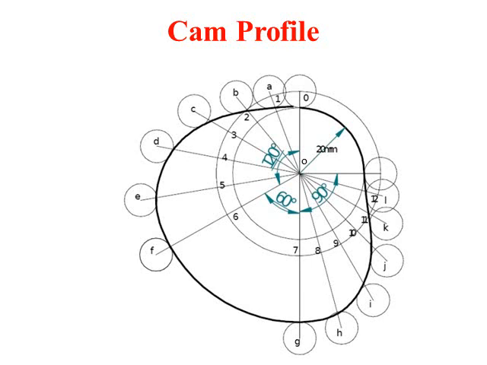Again divide this into the same number of equal parts as in the displacement diagram. Now extend these lines beyond the prime circle such that they intersect the prime circle, and you can mark them as 1, 2, 3, 4, 5, 6, 7, 8, and so on up to 12.